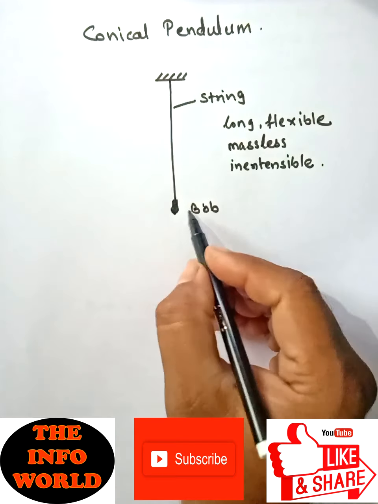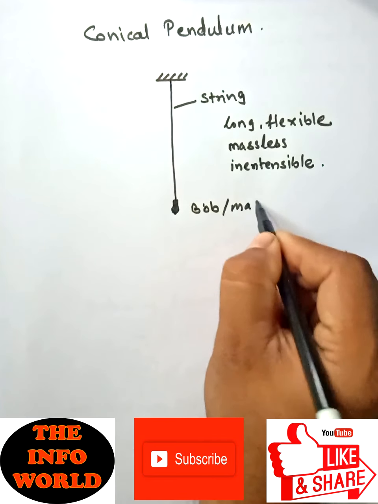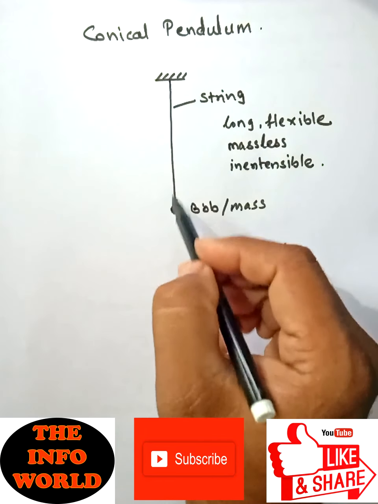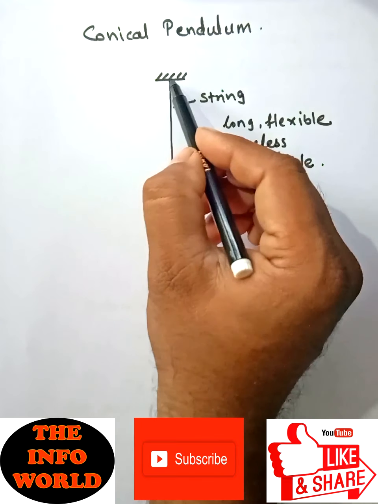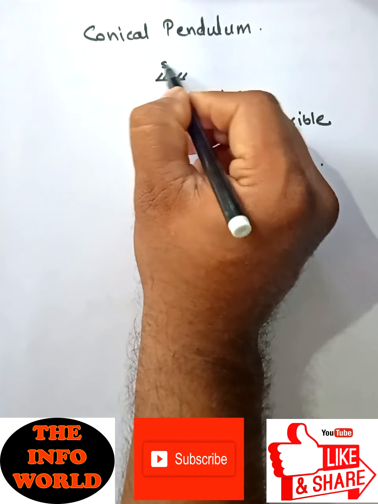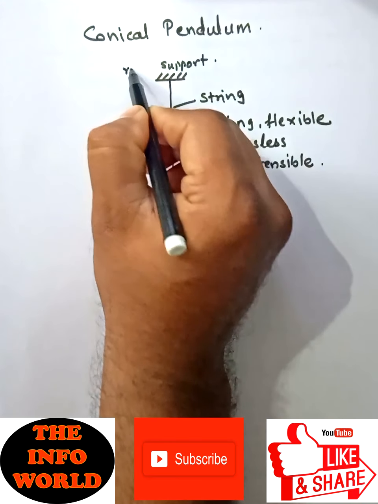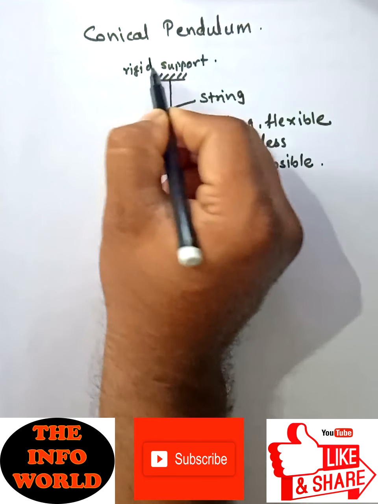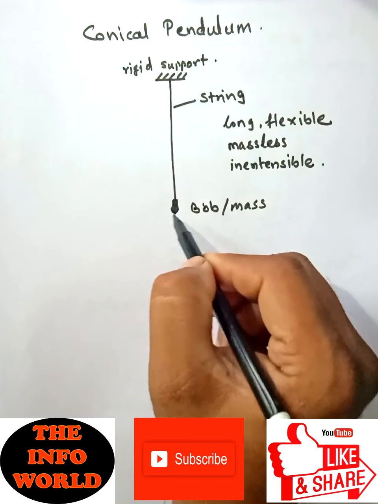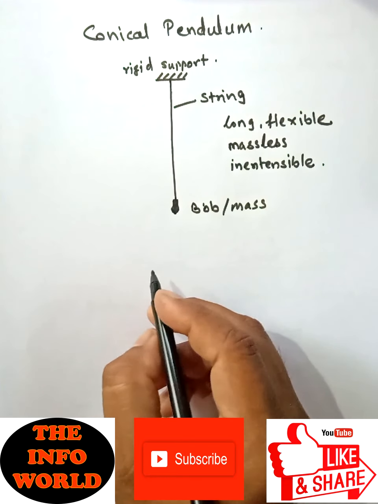When we connect a mass or bob to the string and this is fixed at a rigid support, it is called a pendulum.